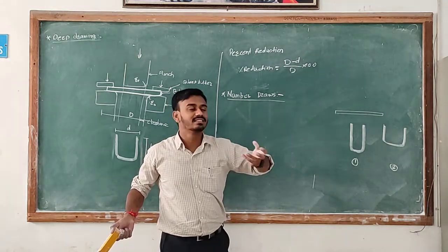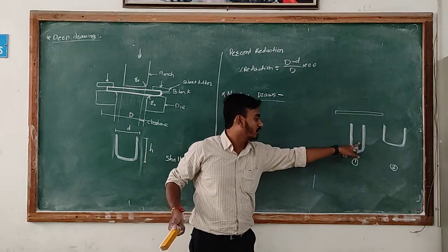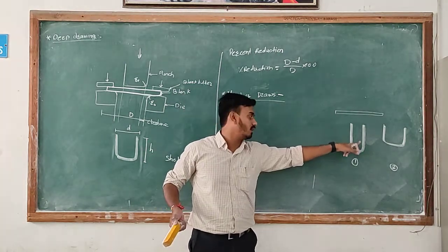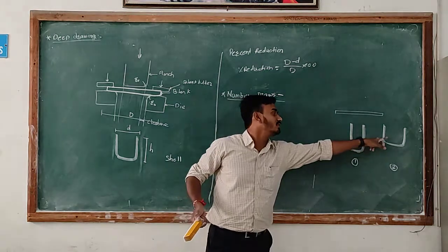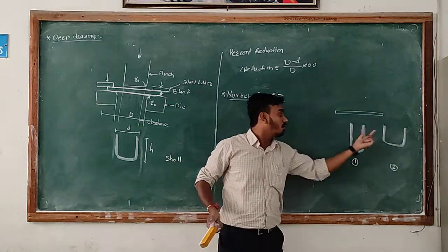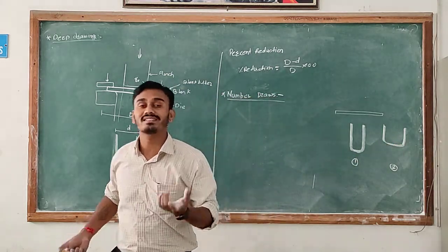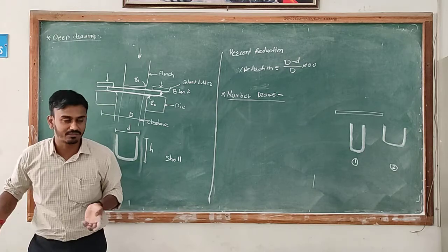If we consider how many draws are required, if we want this as output, then suppose one draw is required. Then for this purpose also do we require one draw? No. As per the height to diameter ratio, we will decide the number of draws required.